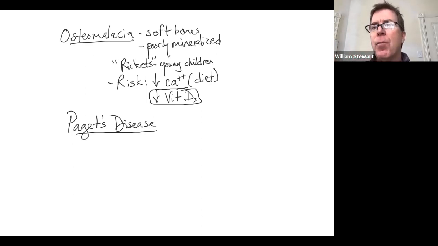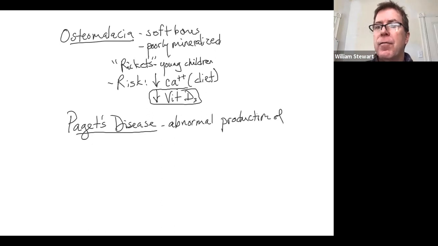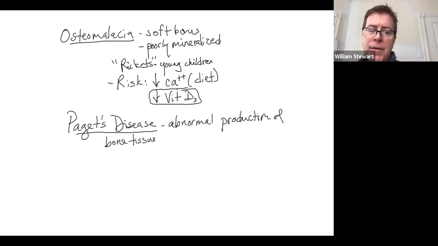It's the abnormal production of bone tissue. So it's abnormal ossification in the sense that these bone layers get laid down on bone abnormally, at an abnormally high rate, in very strange but specific areas of the body.